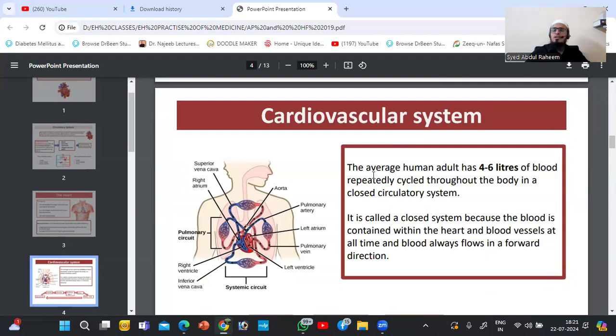In the body we have 4 to 6 liters of blood, which circulates continuously within the vessels, the heart, the capillaries, venules, and arterioles. If it comes out of the vessels, it will clot and harm the body.